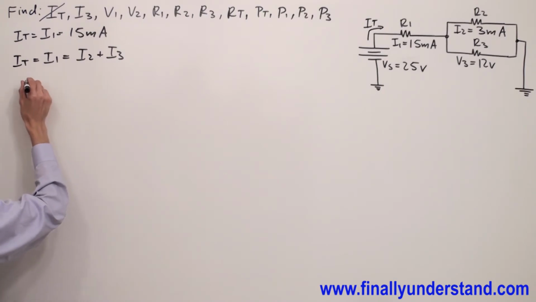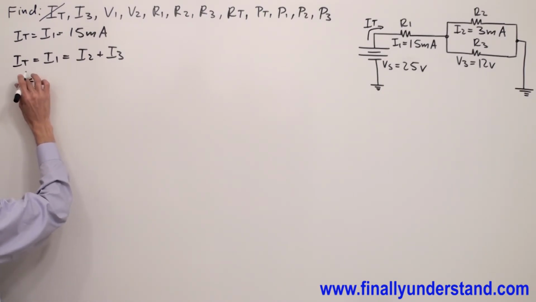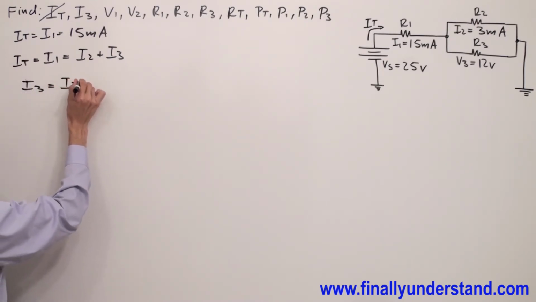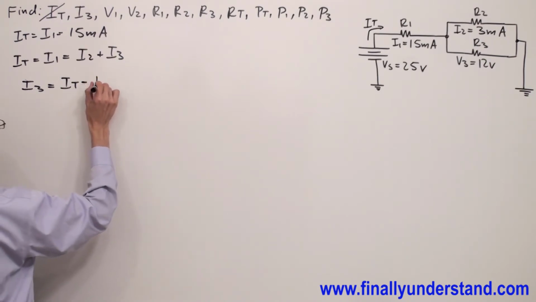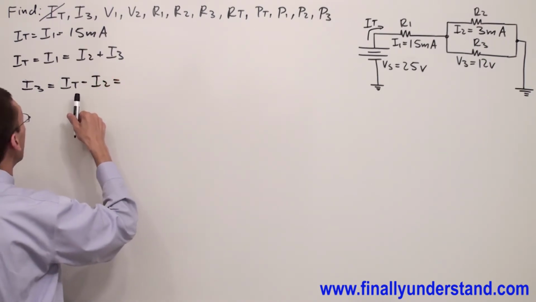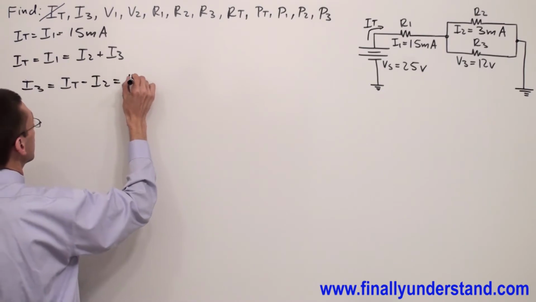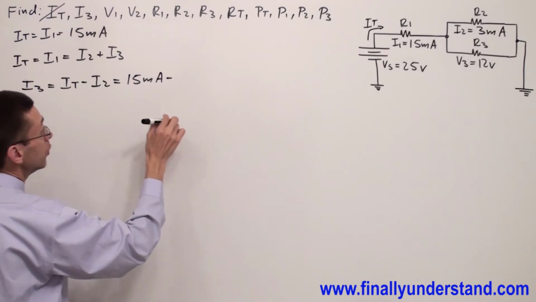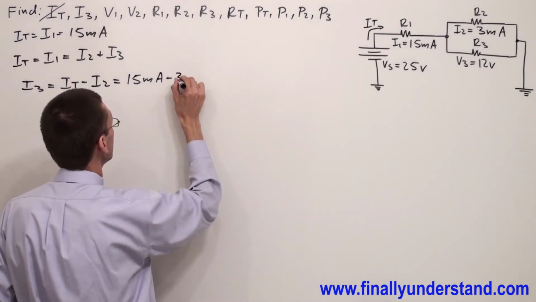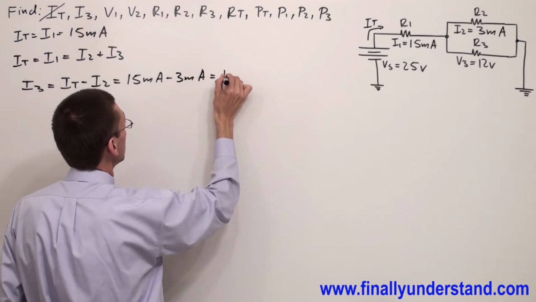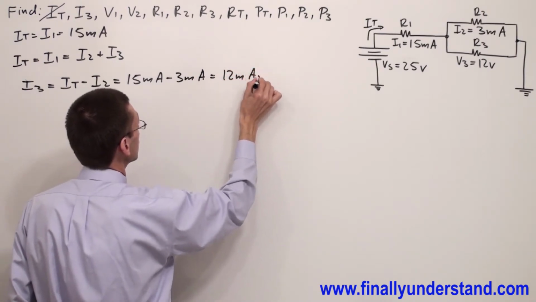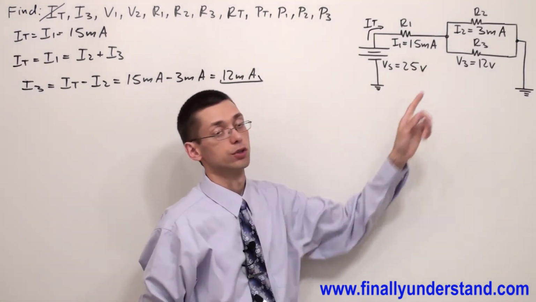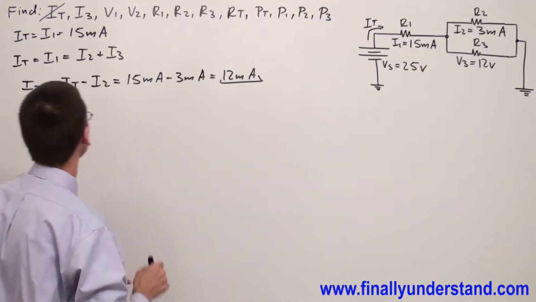So I'm going to have I3 is equal I total minus I2, where I total is equal 15 milliamps minus I2, which is equal 3 milliamps. This is equal 12 milliamps. Okay, so this is the current which goes through the resistor R3. So we found I3.